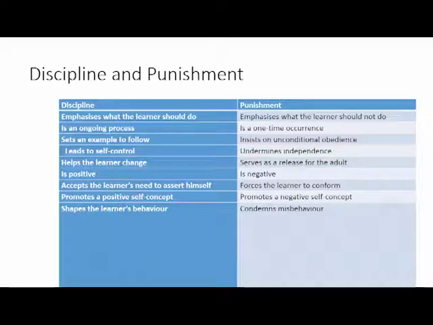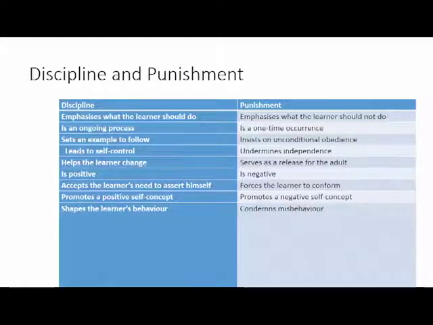Discipline is an ongoing process, while punishment is just a one-time occurrence. Discipline sets an example to follow, while punishment insists on unconditional obedience. Discipline leads to self-control, because you are being disciplined for you to have self-control in future. And punishment undermines independence, because they want to punish you.